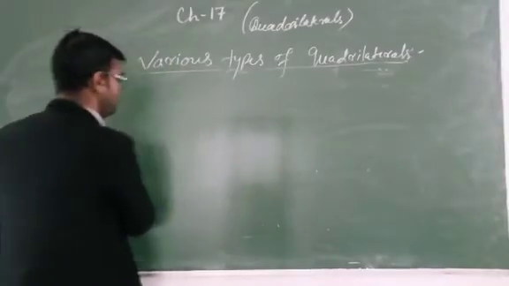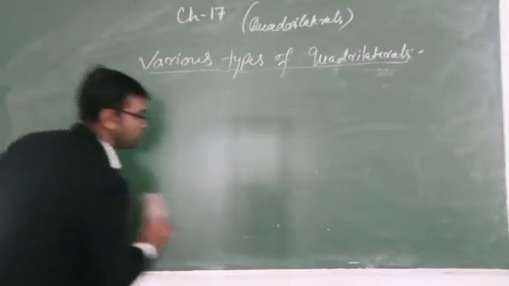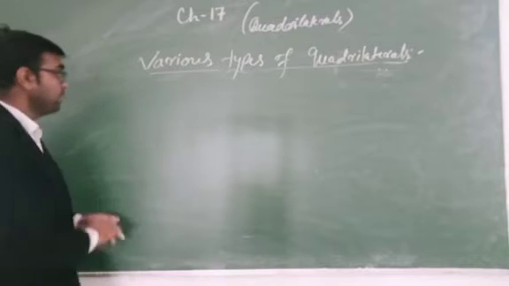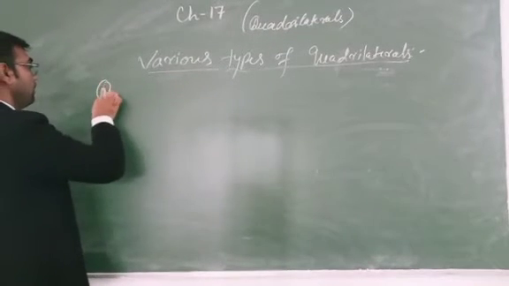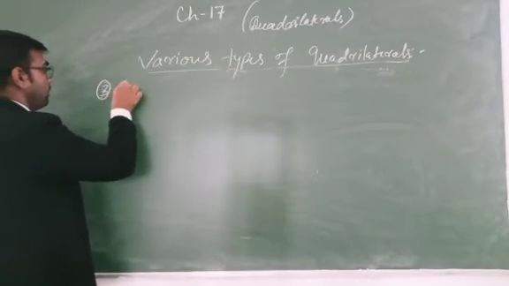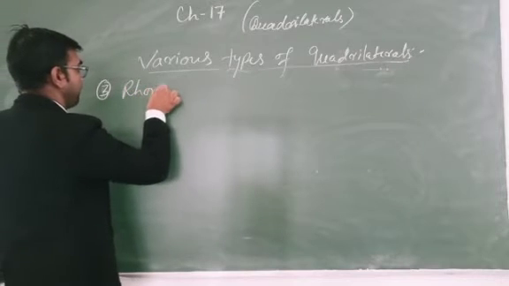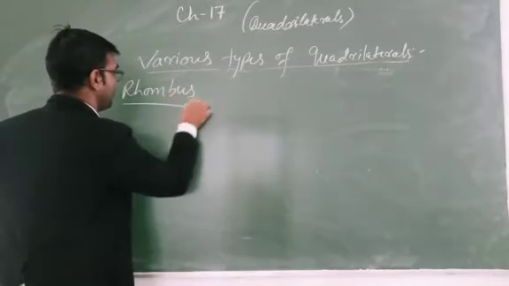The third type of quadrilateral is the rhombus. First we have the trapezium, then the parallelogram, now the third, the rhombus.